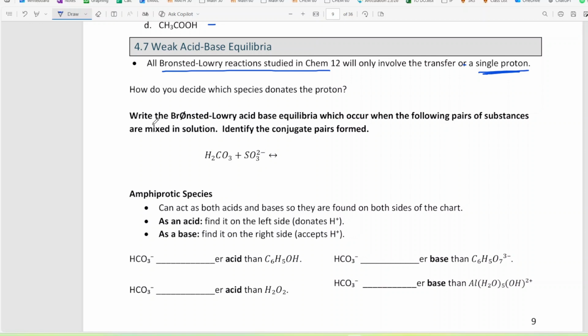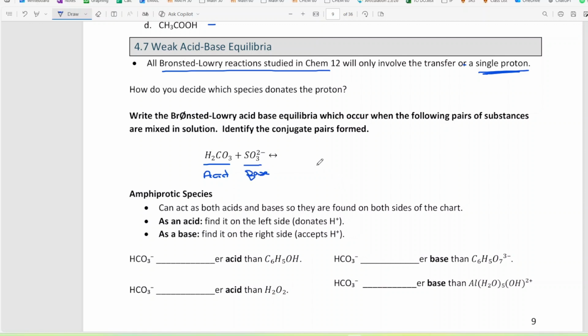For example, if I asked you to write the Brønsted-Lowry acid-base equilibria which form when the following pairs of substances are mixed in solution, H2CO3, carbonic acid, mixed with the sulfite ion. Well, this one's kind of obvious, because this guy can't be a base and this guy can't be an acid. This is the acid, it's got a proton to give, and this is the base, it can accept it.